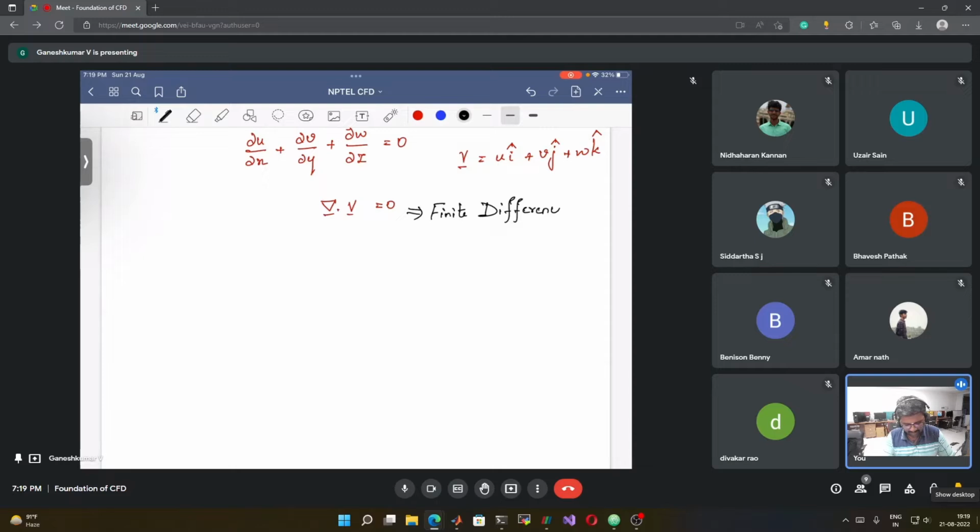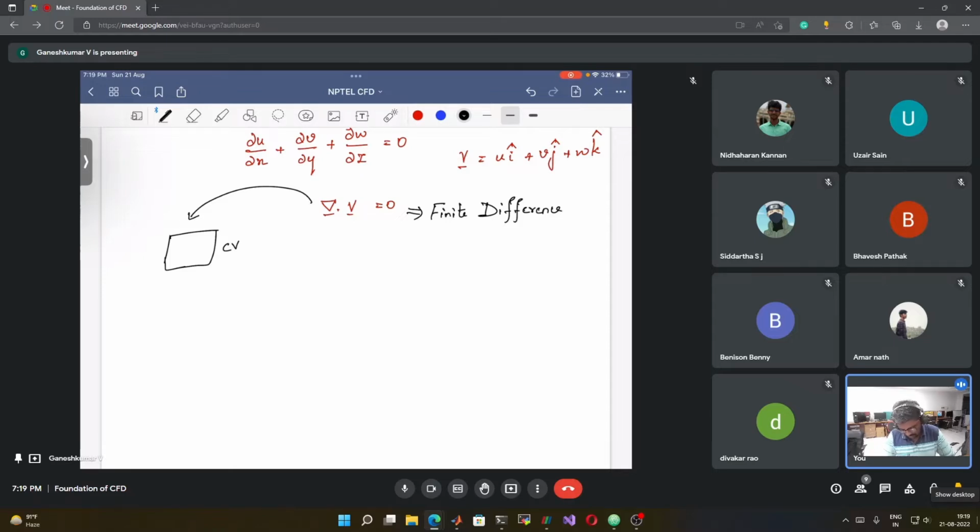The main issue with finite difference is it may not ensure the conservation principles, like your mass might get added or subtracted somewhere here and there. So to ensure the conservativeness of the method, we go for finite volume. In finite volume, we consider a control volume and apply this equation for this volume.